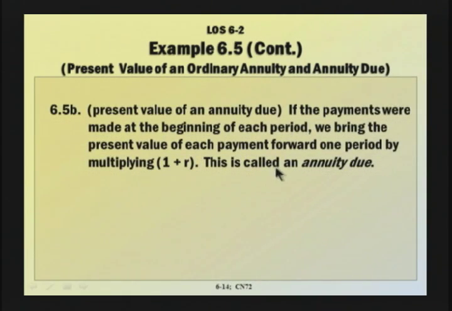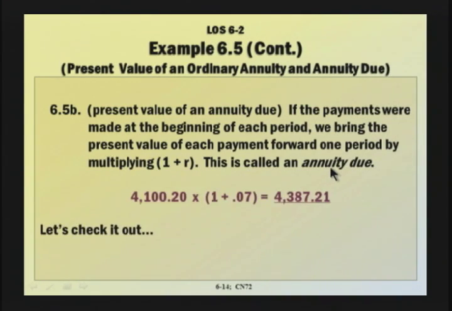Now, if those payments were in annuity due form, where the payments were to be received at the beginning of each year, we can just make a simple adjustment. Since the payments come up front, I do make the first payment today, and I make the payment at the beginning of each year for the next 4 years. So today plus at the beginning of each of the first, second, third, and fourth years.